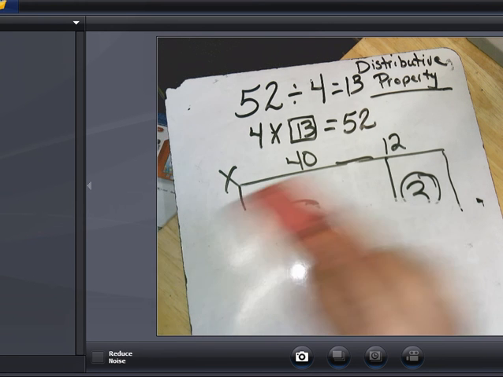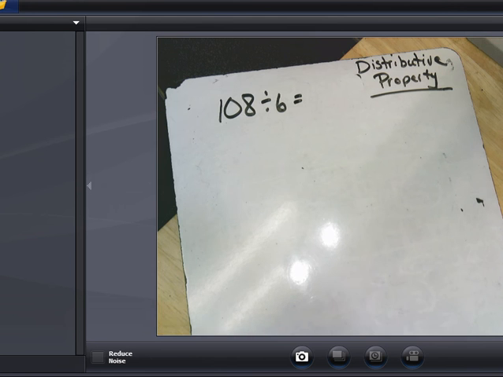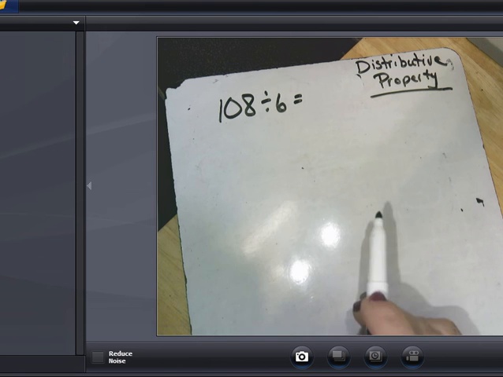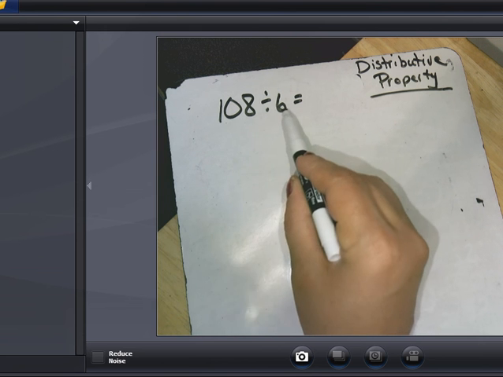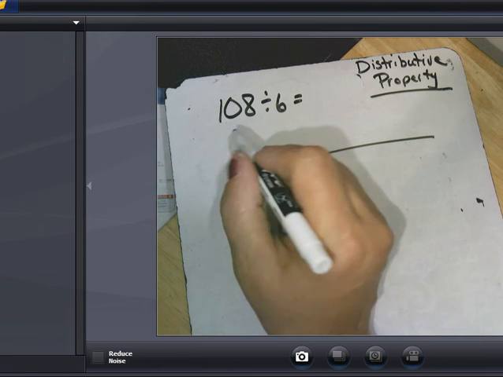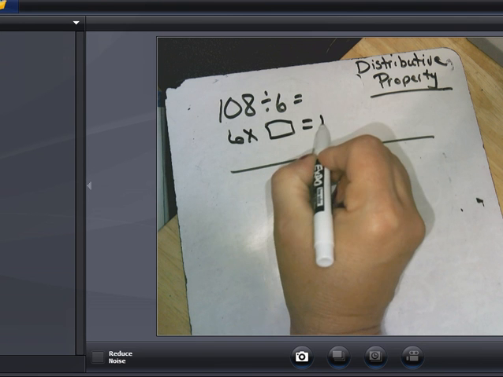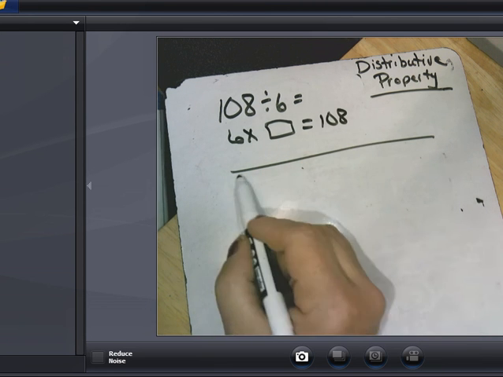Let's do one more. So let's do 108 divided by 6. I'm first going to think multiplication. So 6 times I don't know what will equal 108. I'm going to make my array.